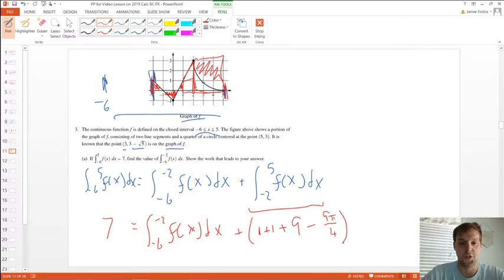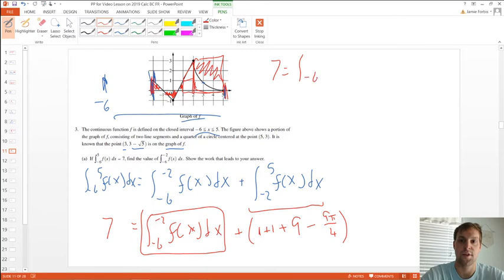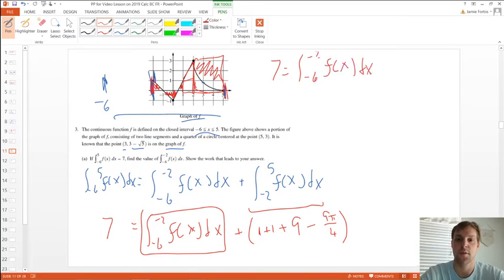Okay, so then we just solve for this quantity right here. I got that 7 equals the integral from -6 to -2 of f of x dx plus, and that simplifies down to, 11 minus 9 pi over 4.